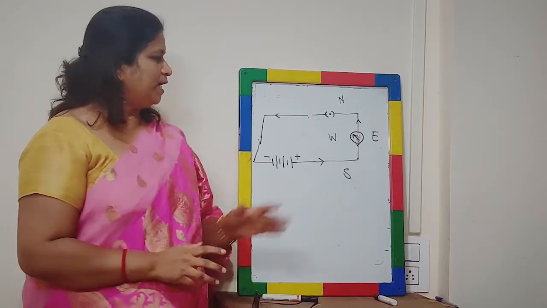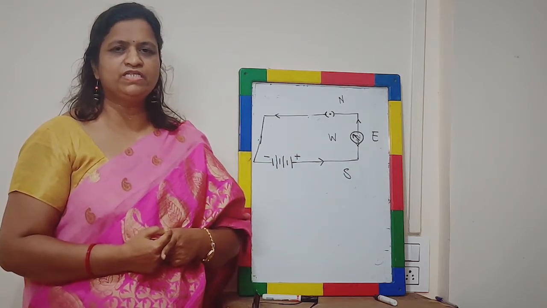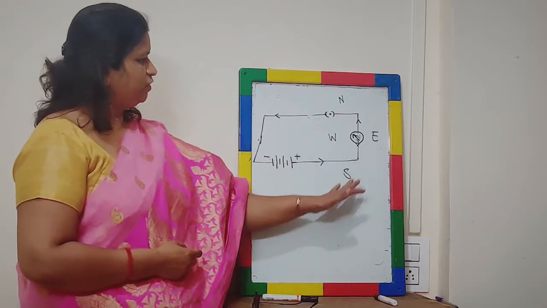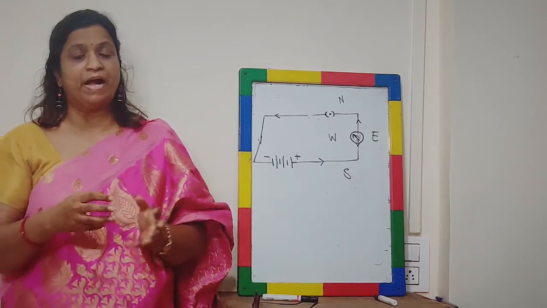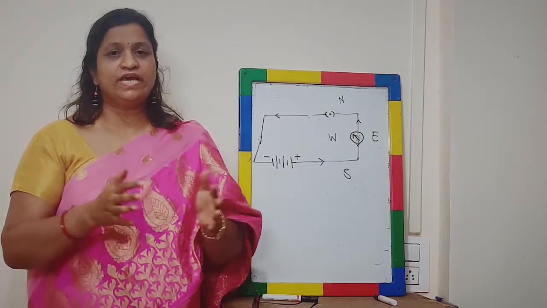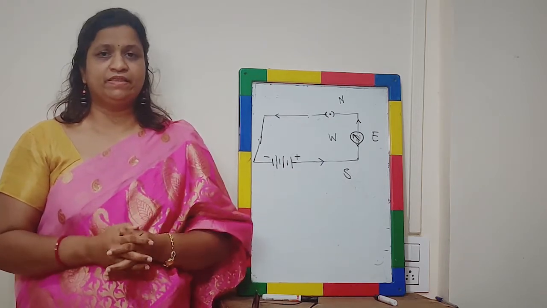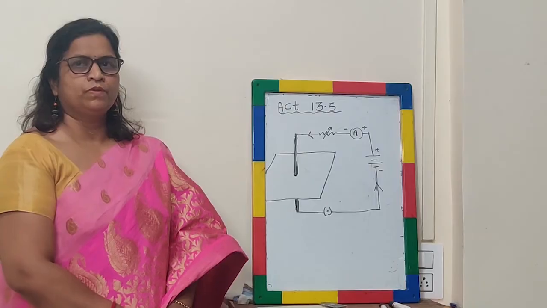From this activity it is clear that the direction of the magnetic field depends on the direction of current. But in this activity we do not yet know how to draw the magnetic field lines, or what the exact magnetic field or its strength is there. For that we are going to see one more activity.